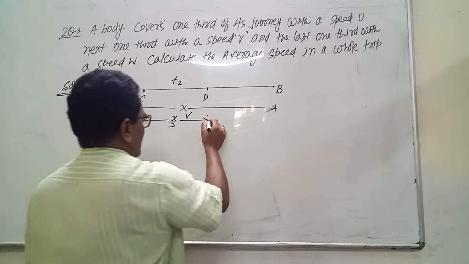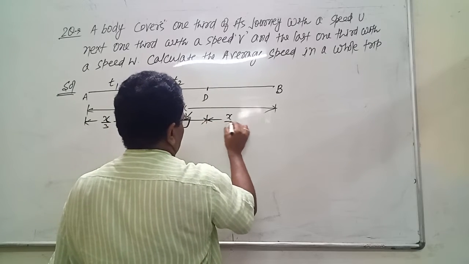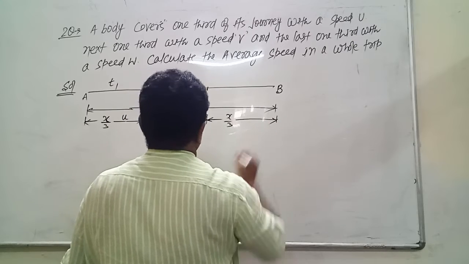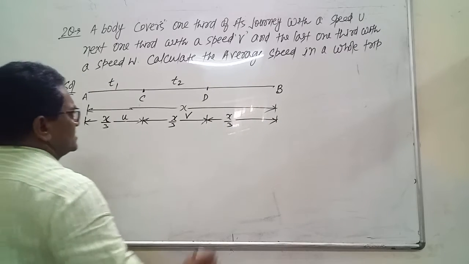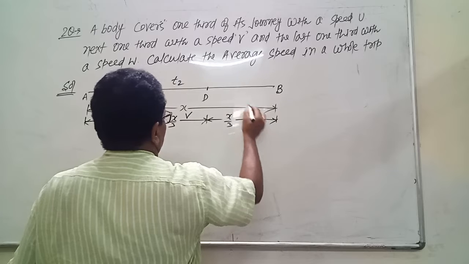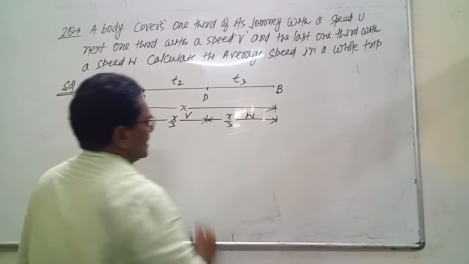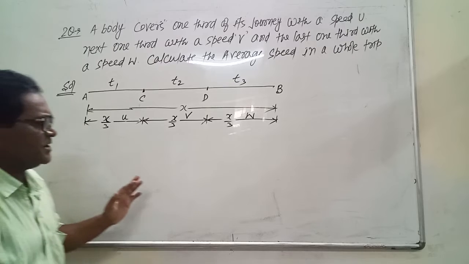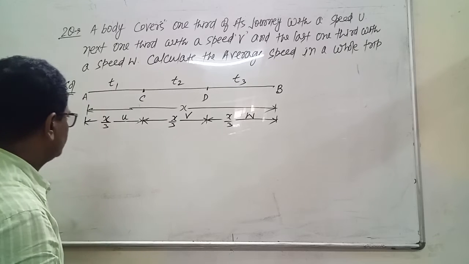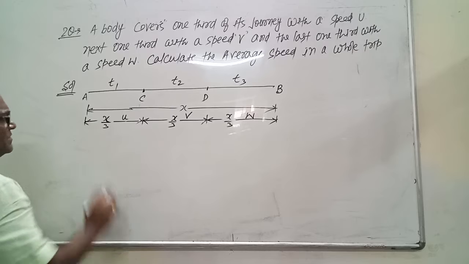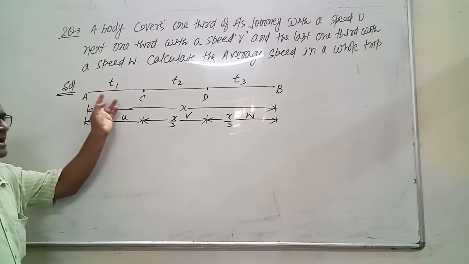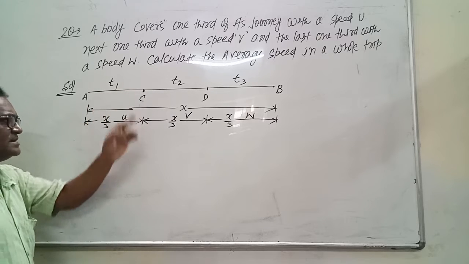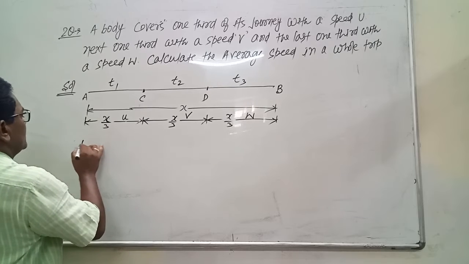And the last 1/3 distance, x by 3, is covered with a speed w, and suppose the time taken is t3. So we have to find the average speed during the whole trip. Firstly we will find the time taken to cover the distance AC, t1.